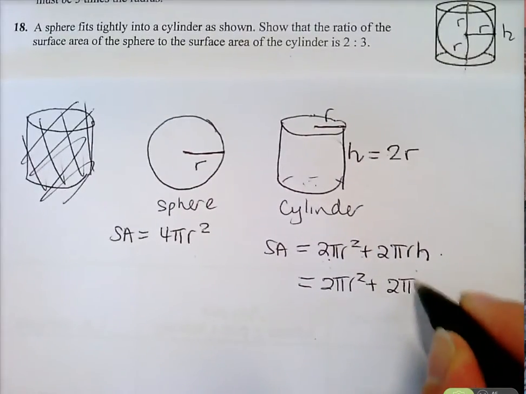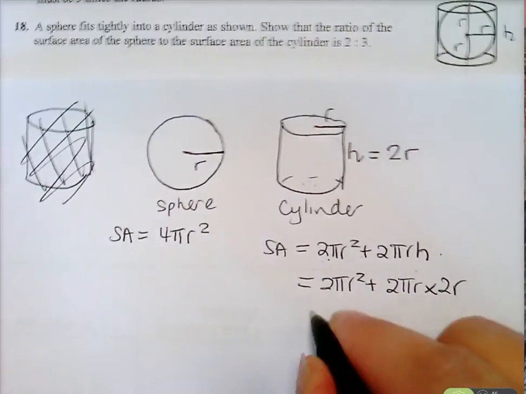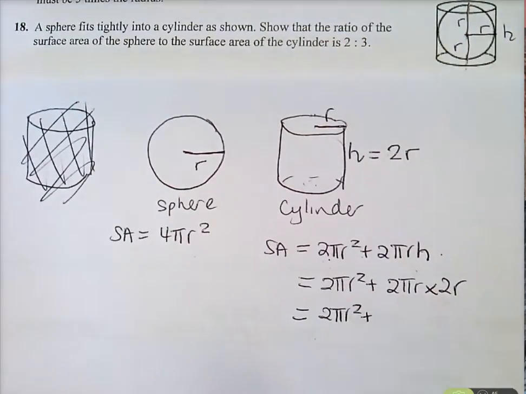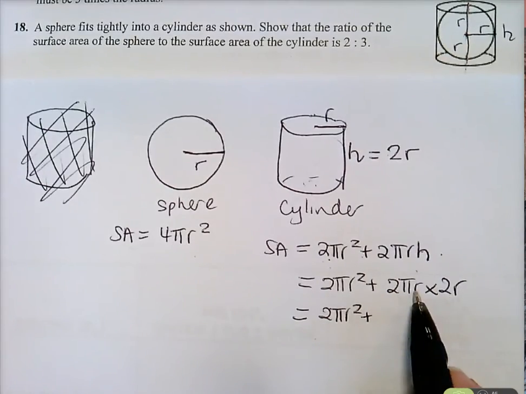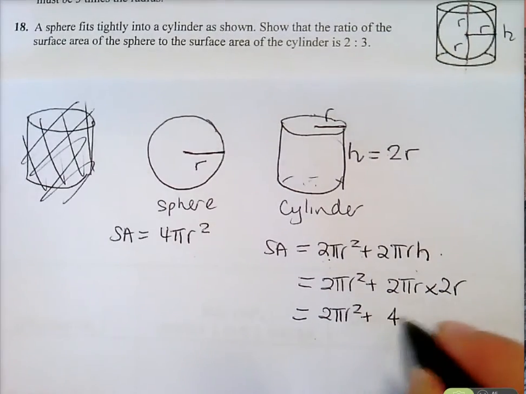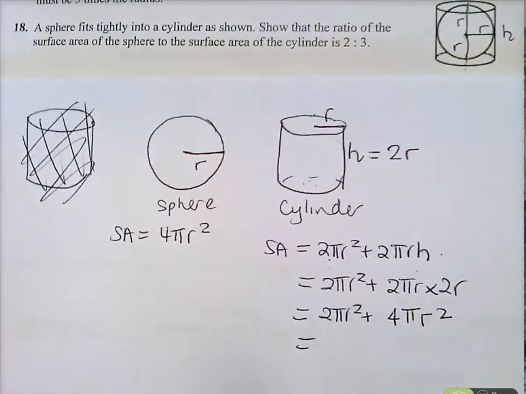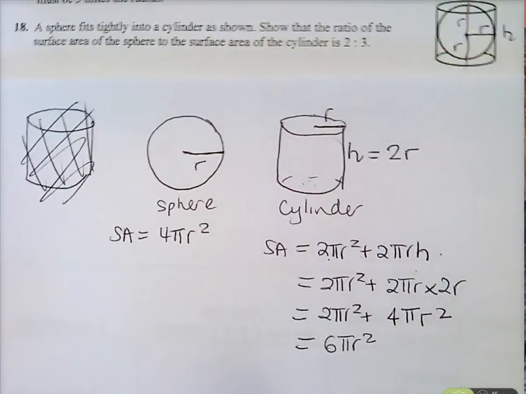So, 2 pi R times, what's H? So it's 2 pi R squared plus, what's that times that? 2 pi R times 2R is 4 pi R squared, good. What's 2 pi R squared plus 4 pi R squared? Good, because it's 2 of those plus 4 of those.